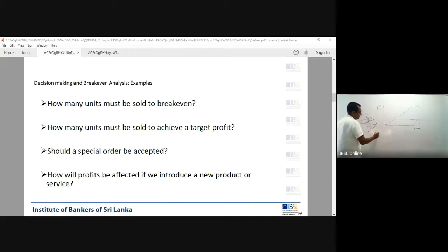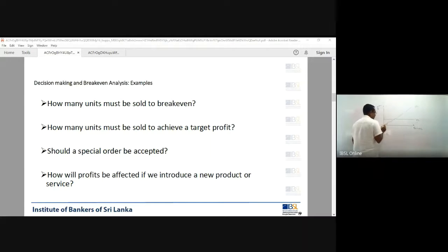Total cost equals variable cost plus fixed cost. So mathematically, when you shift a line parallel, basically the origin we just change, right? This is parallel.